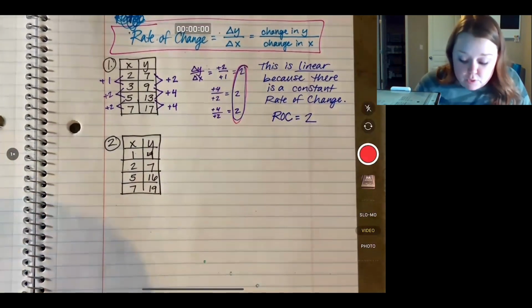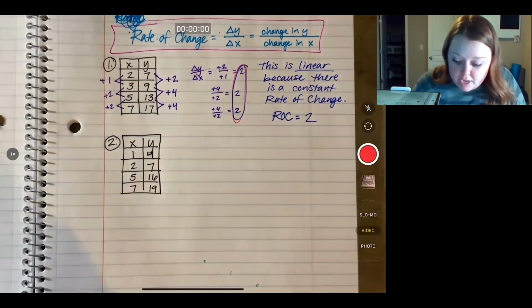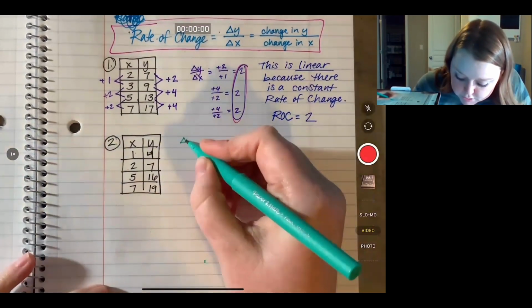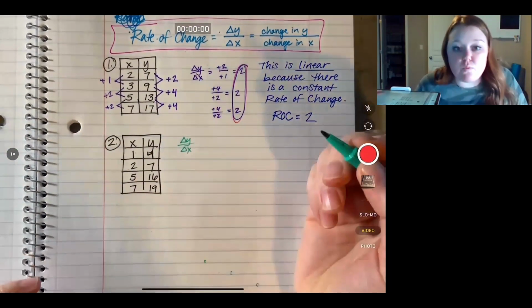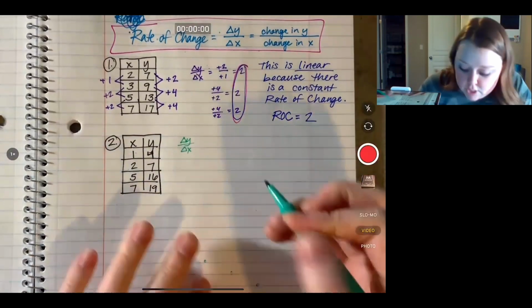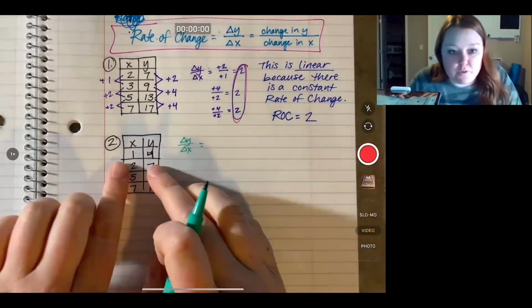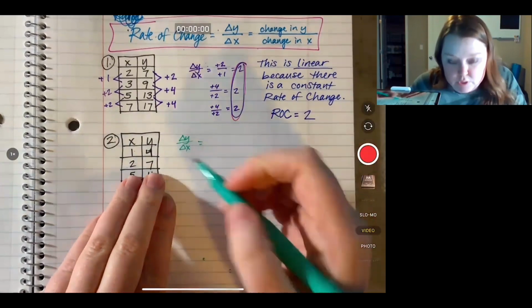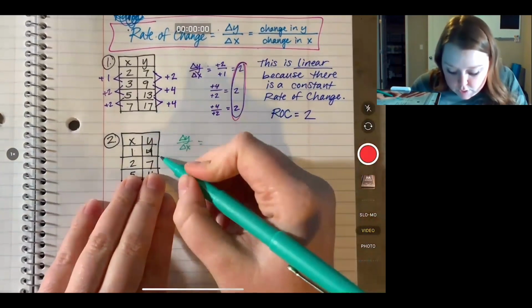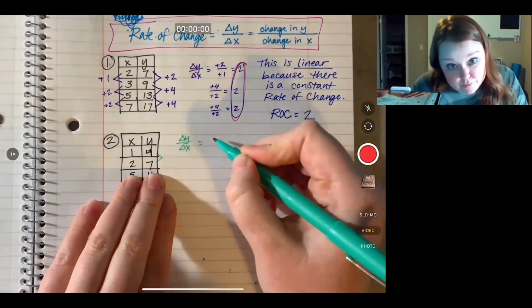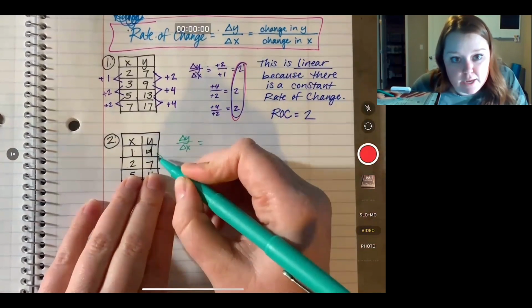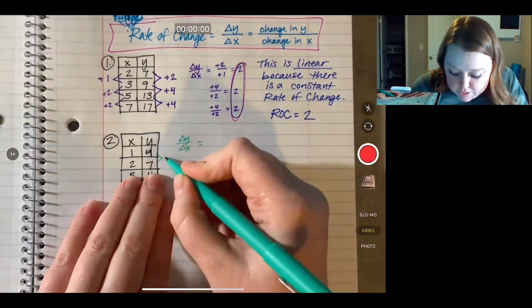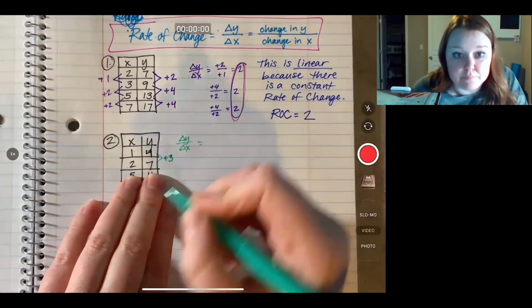All right, so in order to know if this is linear or not, we have to do this thing. Change in Y over change in X. So from the first point to the second point, we start with our Y values. The Y goes on top, all right? So the change in Y, it went from 4 to 7. That means it increased by 3.